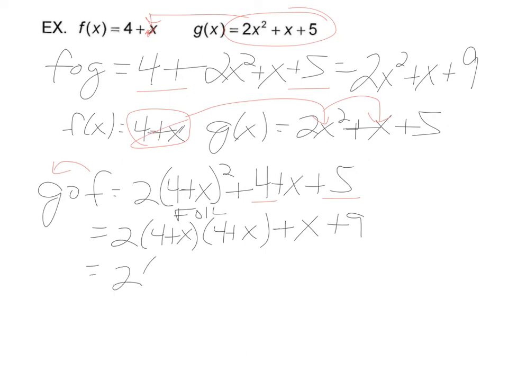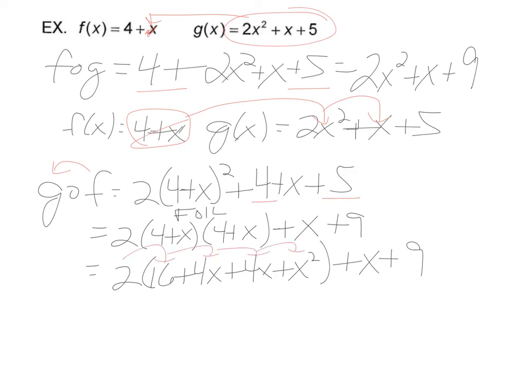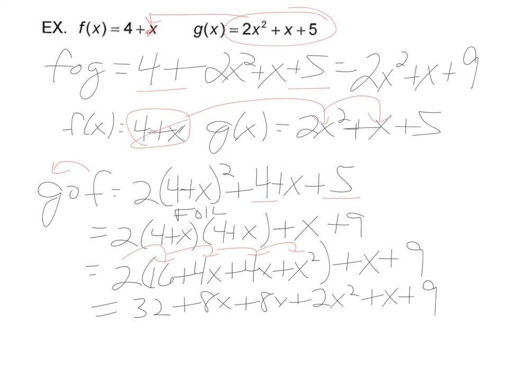So FOILing will give me 16 for first. Outside is plus 4x. Inside is plus 4x. Last is x squared. There's a 2 to be distributed. 32 plus 8x plus 8x plus 2x squared, and then plus x plus 9.